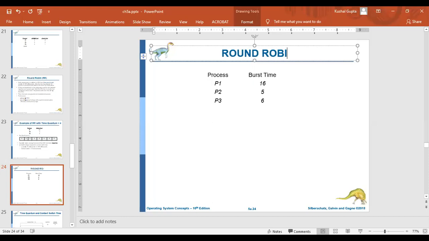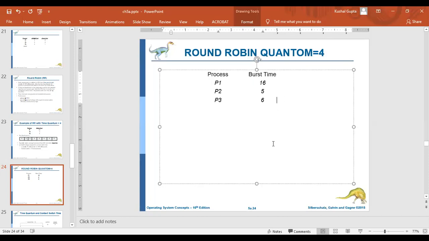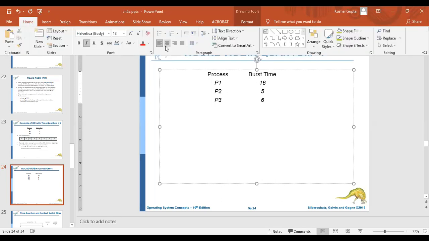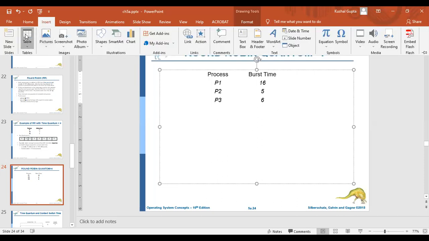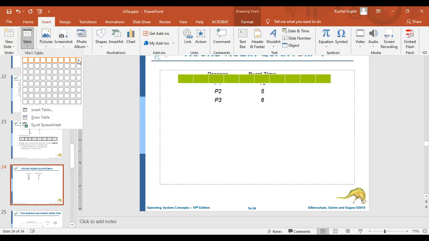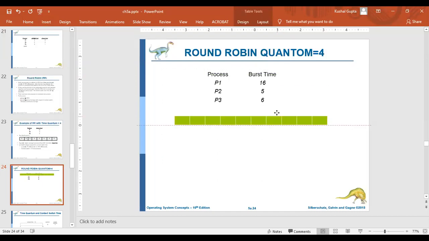Round robin, quantum equal to 4. Let the quantum is 4. Now we are going to schedule it. For scheduling, we require the Gantt chart. For Gantt chart, I am using this table. Let's say I'm making this table.